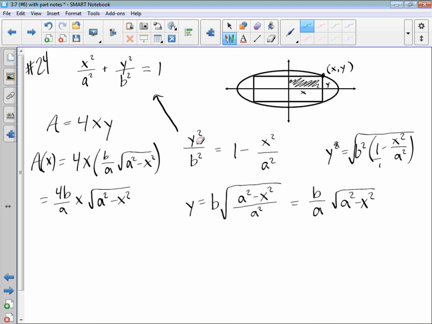And what do I have to do with that? What did we say? Take the derivative, right? So A prime of x. And to do the derivative, I need to use the product rule. So let's leave the 4b over a x alone. And the derivative of this, pull the 1/2 down.